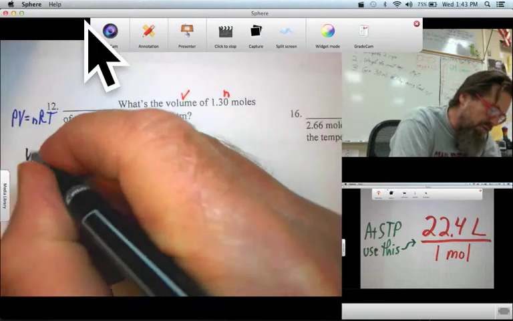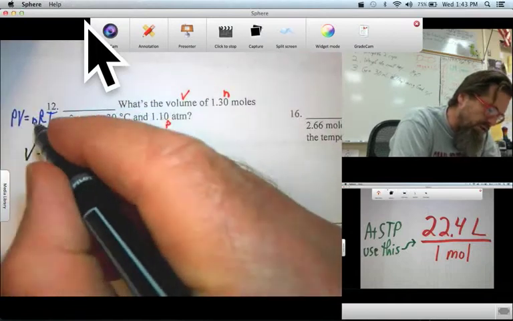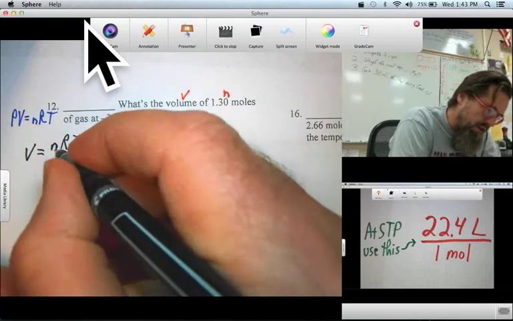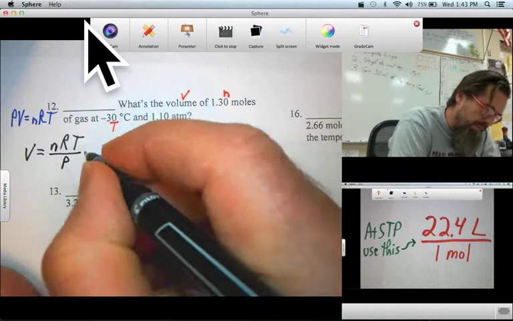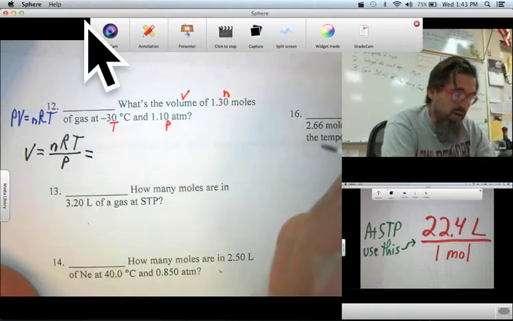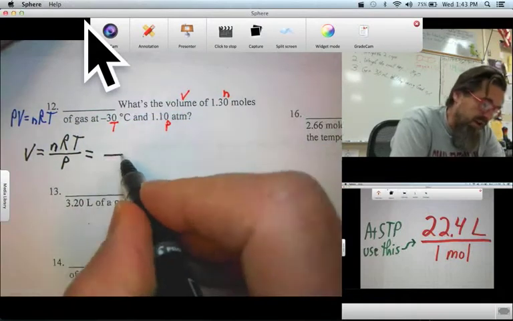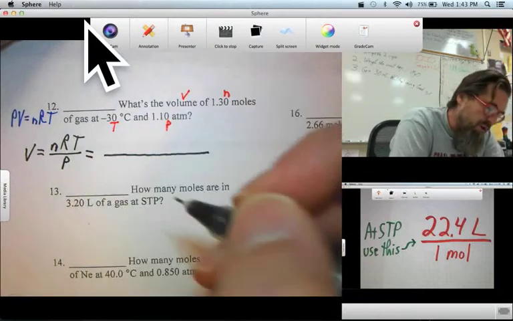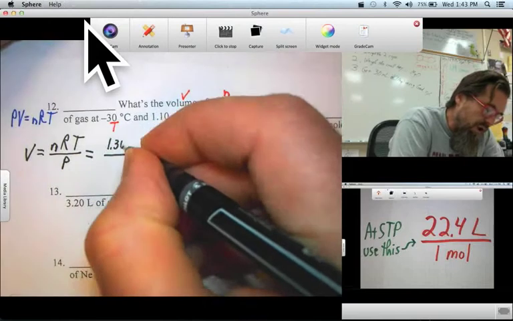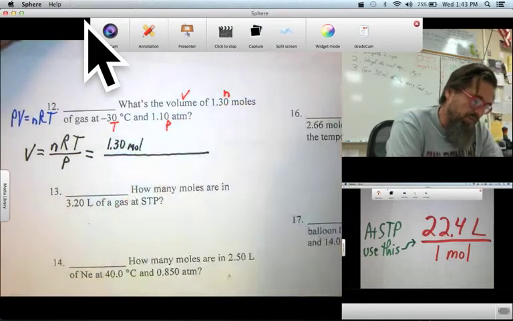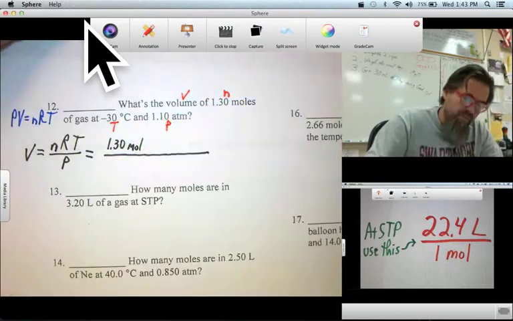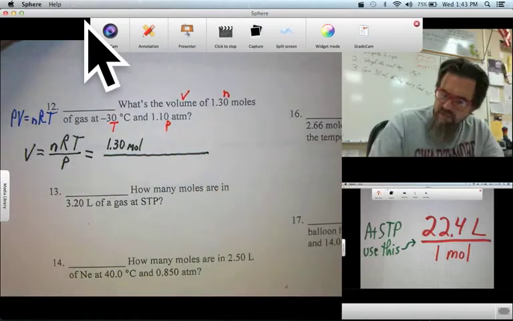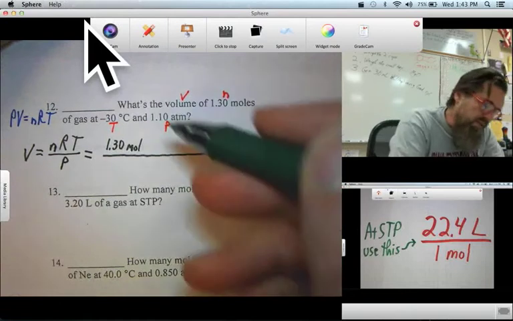So V equals nRT over P, and let's write a nice long line there, and let's substitute. 1.30 moles is n. R, I'm going to do in a different color, green so it stands out.